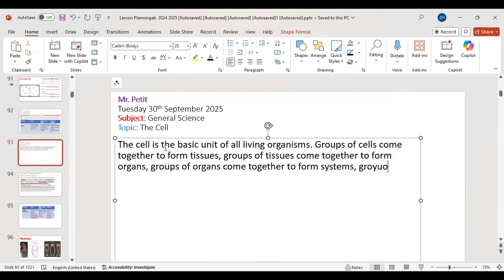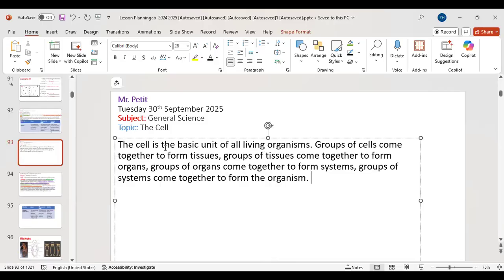And groups of systems come together to form what? The body, the human or the organism. All right.